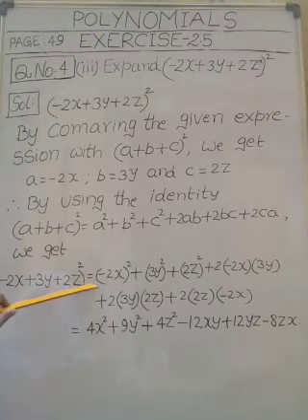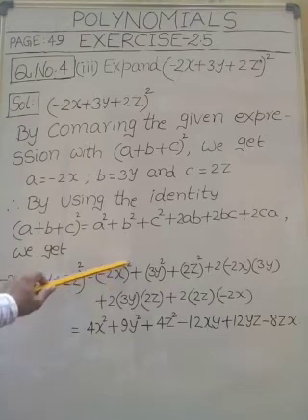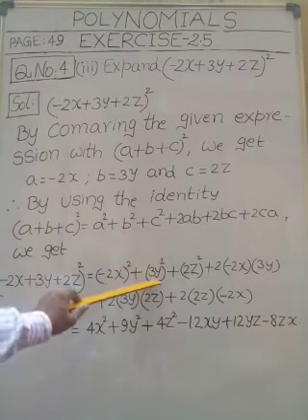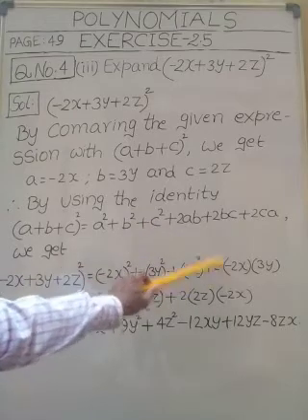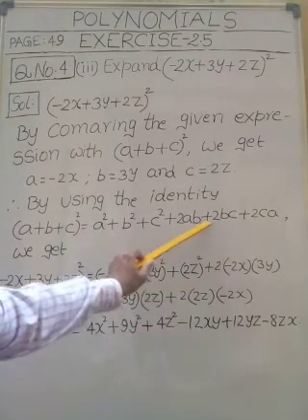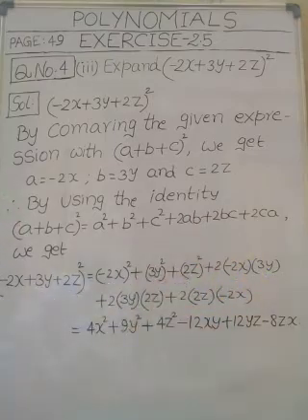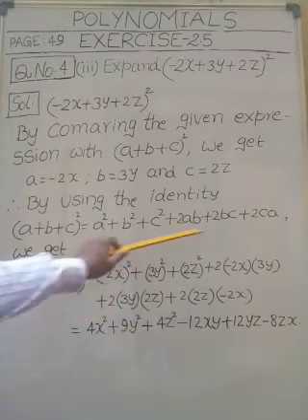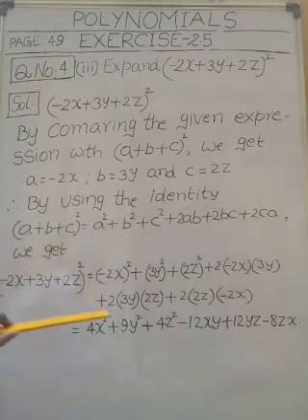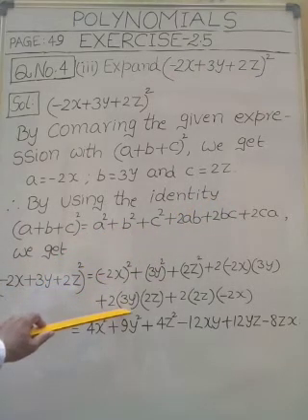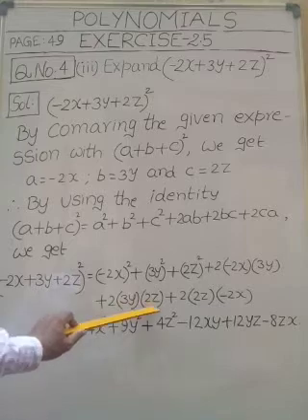Right, is equal to a means (minus 2x) whole square plus b means (3y) whole square plus c means (2z) whole square plus 2 into a means minus 2x into b means 3y. Understood this term, my dear children? Next, fifth term is 2bc. So plus 2 into b means 3y, c means 2z.